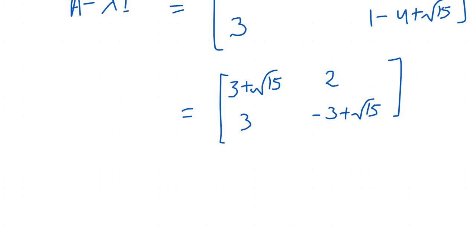So now let us find the eigenvector. Take this A minus lambda I into X is equal to the zero matrix.